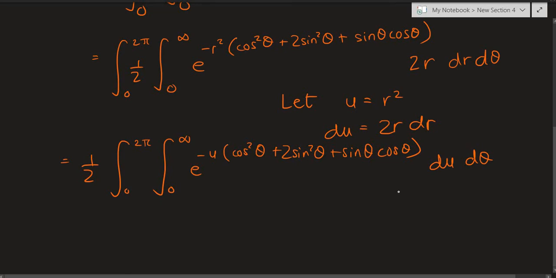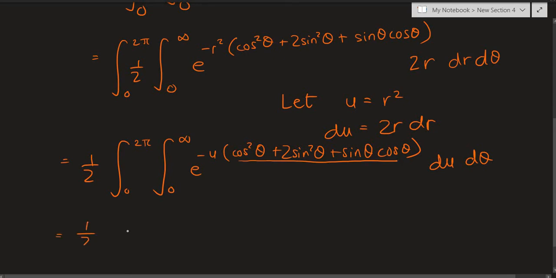Now integrating this with respect to u is simple because all of this is just a constant, right? So it's basically e raised to negative u times some constant. So integrating that is easy. The exponential remains the same, and we also have to divide by the coefficient, which is the constant, like this entire trigonometric term.